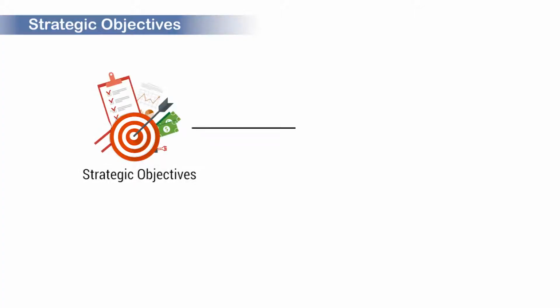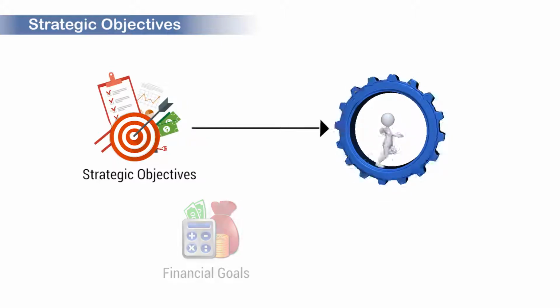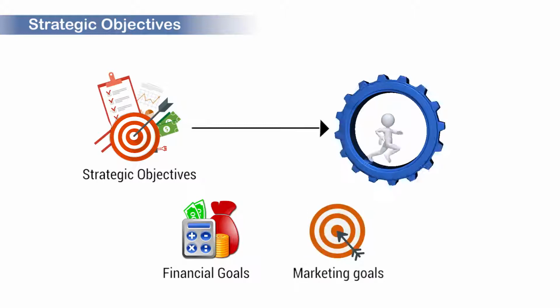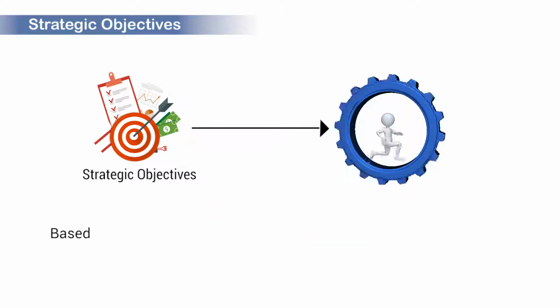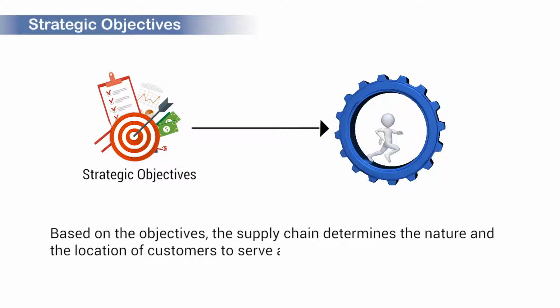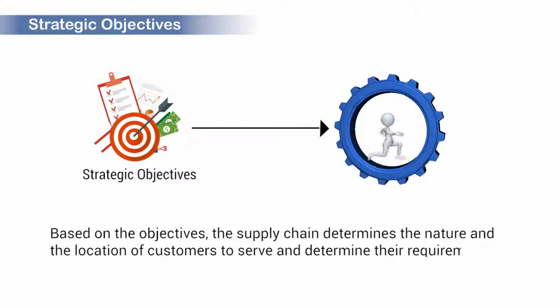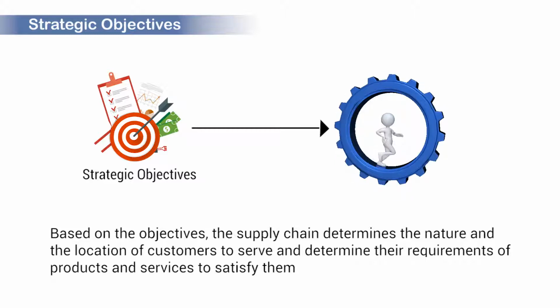Strategic objectives are the driving force of the supply chain, which is based on the financial and marketing goals of the value chain. Based on the objectives, the supply chain determines the nature and the location of customers to serve and determines their requirements of products and services to satisfy them.